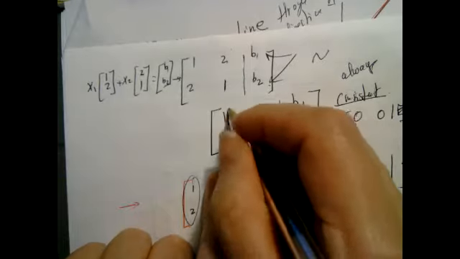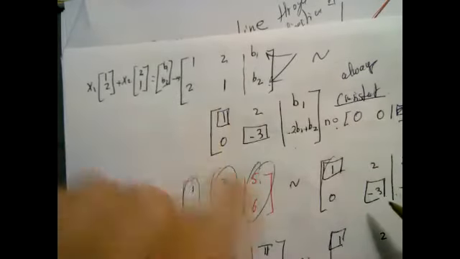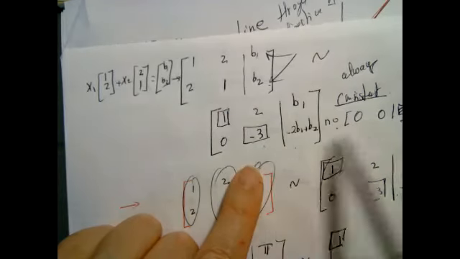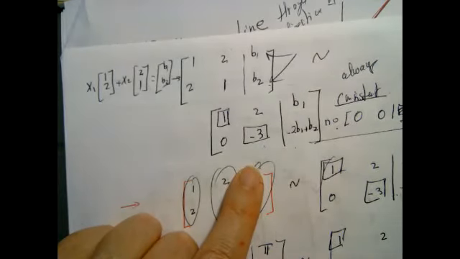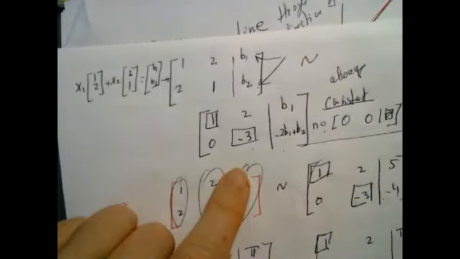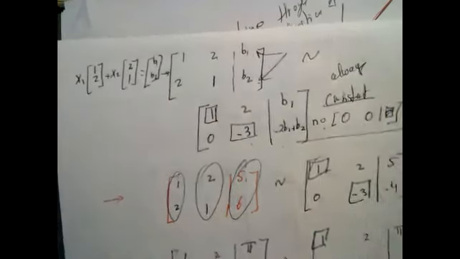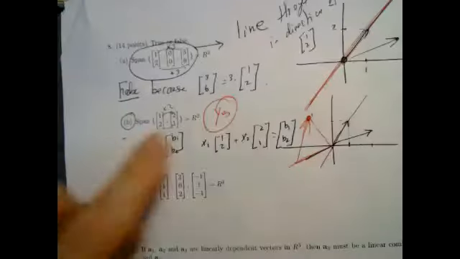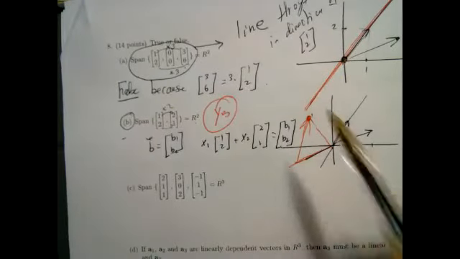Because I have a leading entry in every row of the coefficient matrix. I have a leading here, I have a leading here. This scenario cannot occur. So hence, no matter what I plop here, I can always find a solution to that. So the span has to be R2 because everything will work.